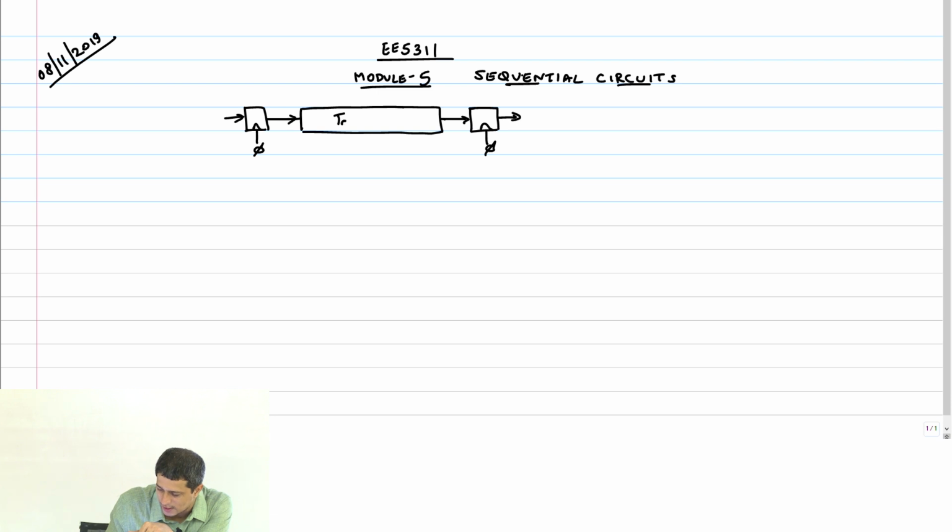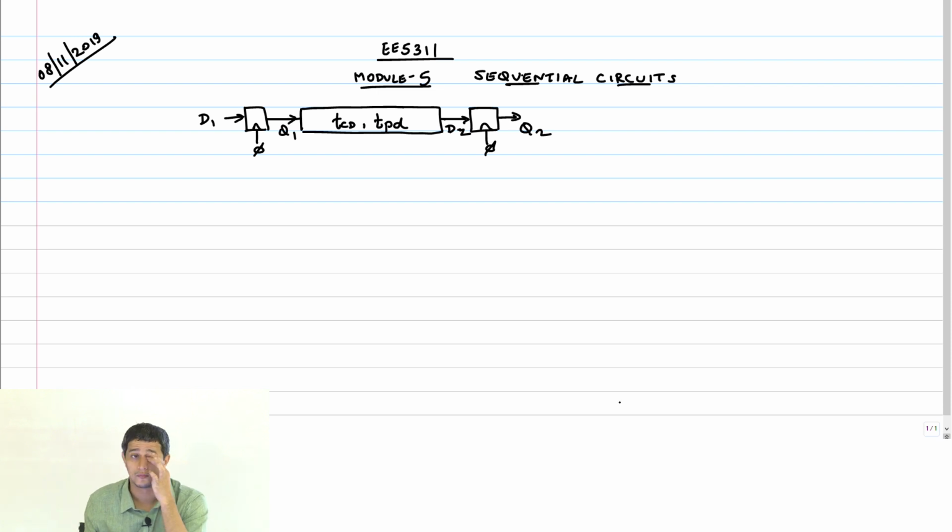Right, so this has a delay of TCD, TPD. So this is D1, Q1, D2 and Q2. We'll draw this across two cycles, fine, and then we'll see what has to happen.